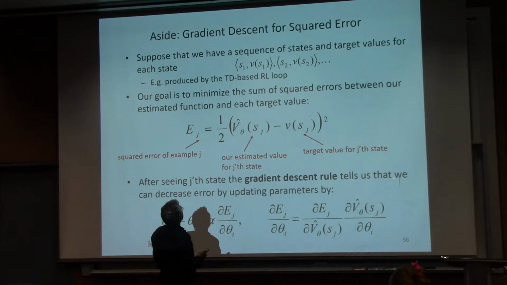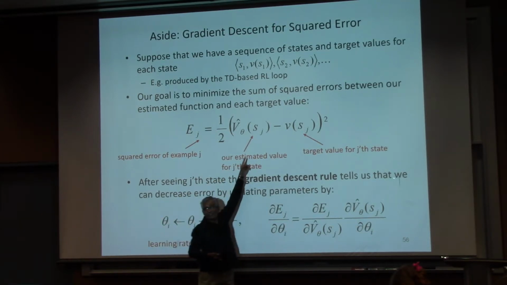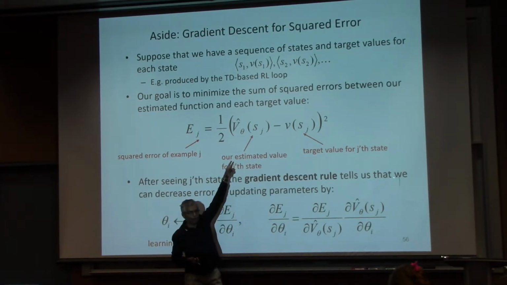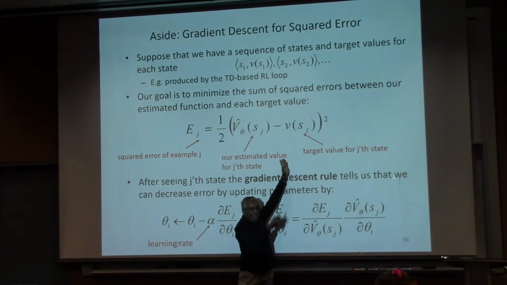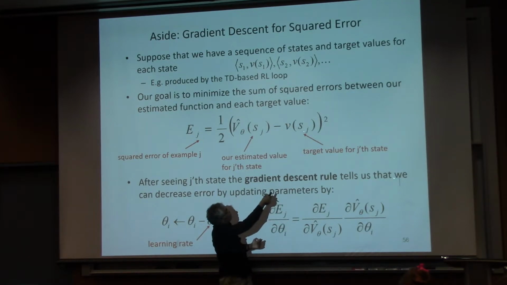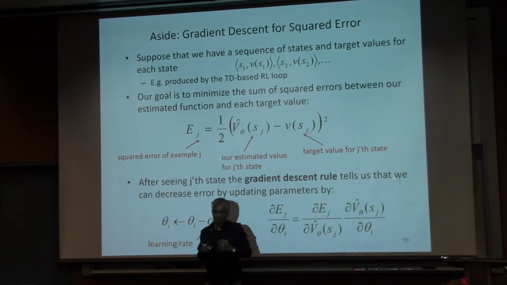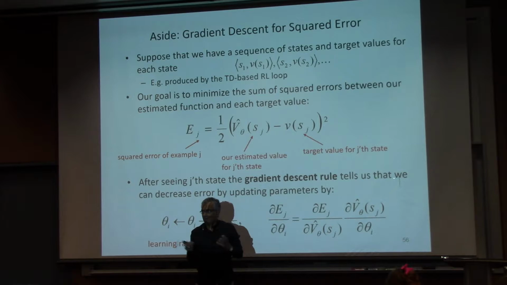That is what I am predicting the value of this state to be. And imagine I happen to know the actual value of the state. So it's like knowing the real grade of the student from the past semester. So that is the true value, and this is the difference. And you want your predicted value to be as close to the true value as possible.